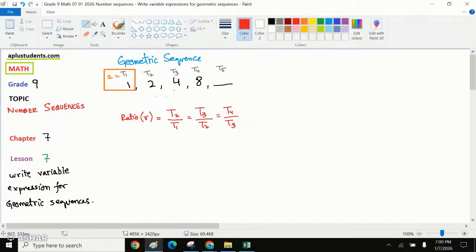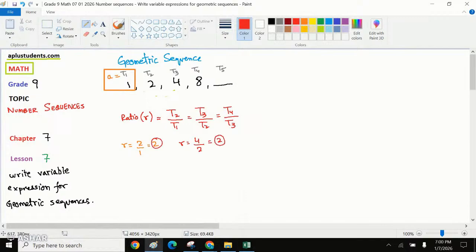For this question, let's see if they have the same ratio. Term 2 upon term 1 is 2 upon 1, so the ratio comes out to be 2. To be safe, we check another ratio: term 3, that is 4, divided by term 2, and the ratio still comes out to be 2.